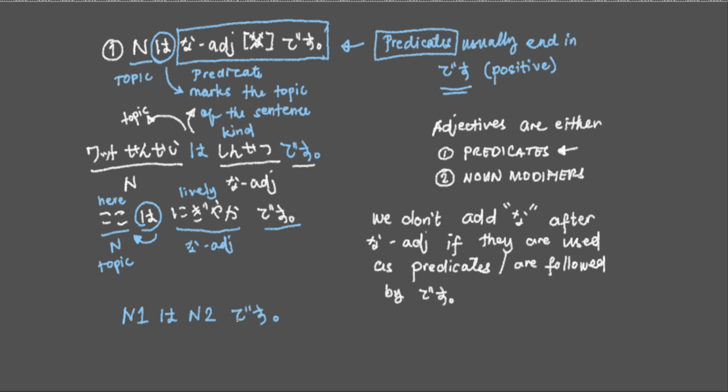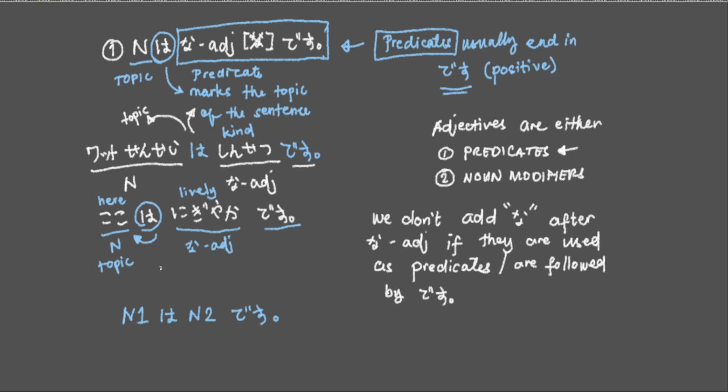But if you're referring to somebody else, you refer to them as sensei, the way you address somebody. So this is the very basic grammar form that we had in the first semester, and this is lesson 1.